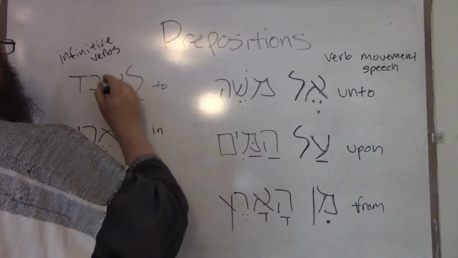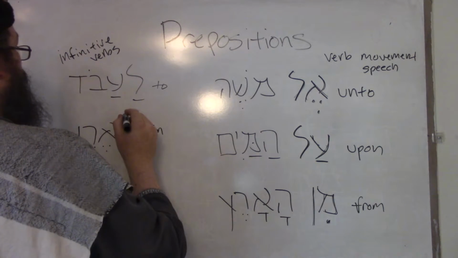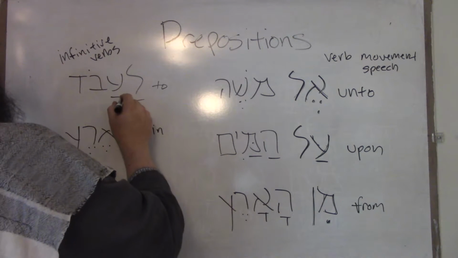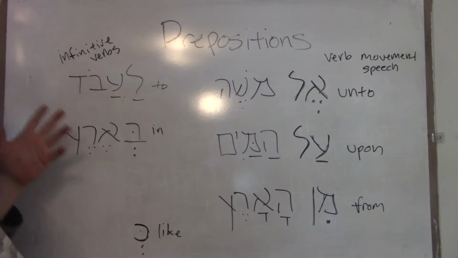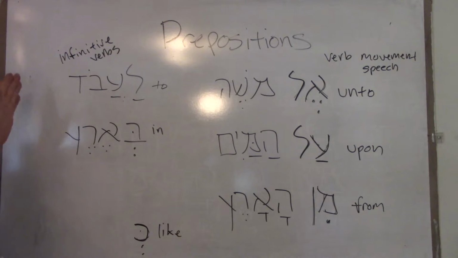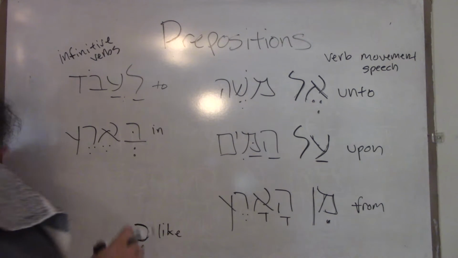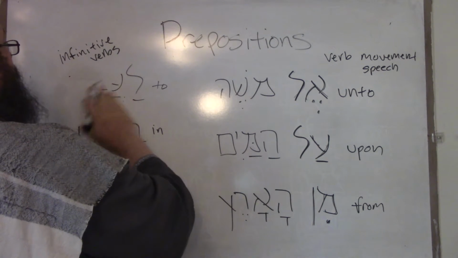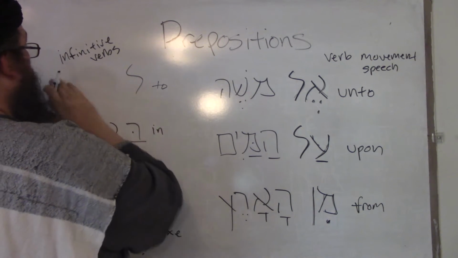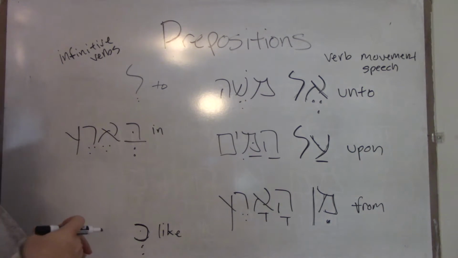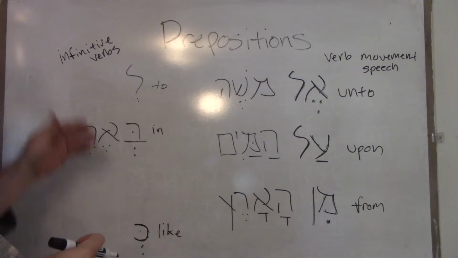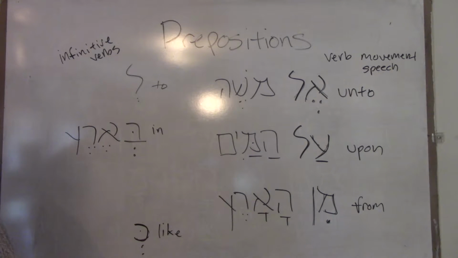For example, la'avod, to work. That's one form in which the lamed is used, for infinitive verbs. Another form in which we find the lamed is that it's added to generic nouns.